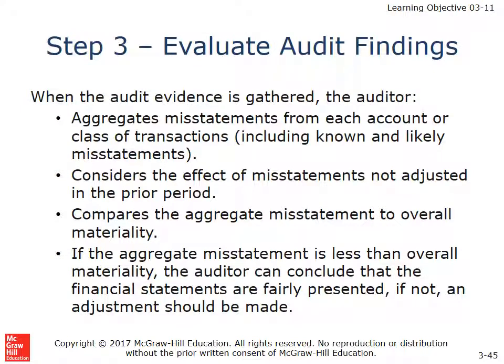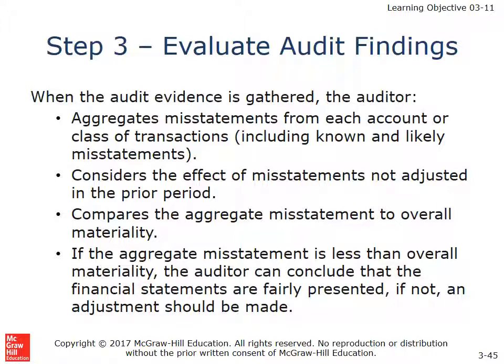Finally, in step 3, when the audit's done, so once we've gathered all of the evidence, now the auditor is going to say, okay, what mistakes did we find? Let's add them all up. Remember, materiality is the top number. We don't want it to be more than that. Tolerable misstatement is just saying that's how much an account can be off.